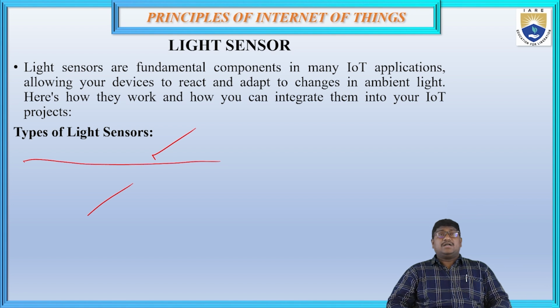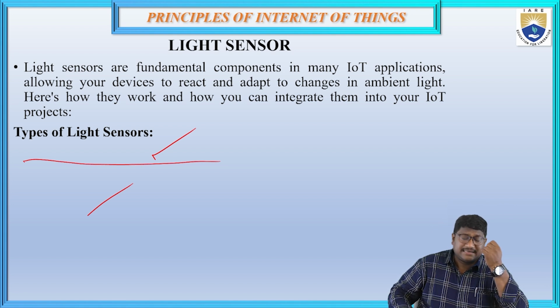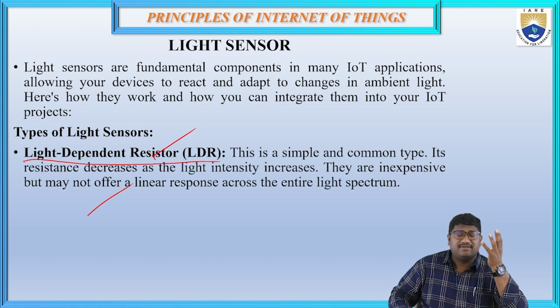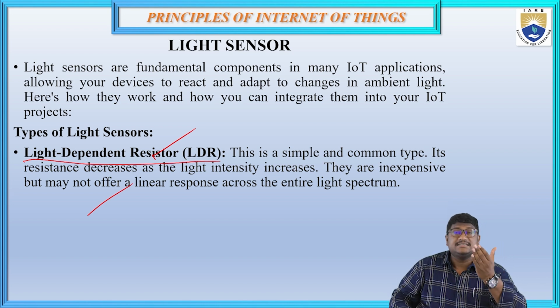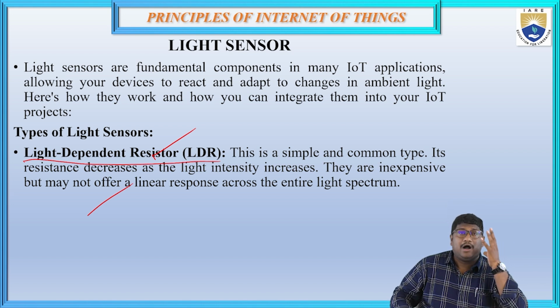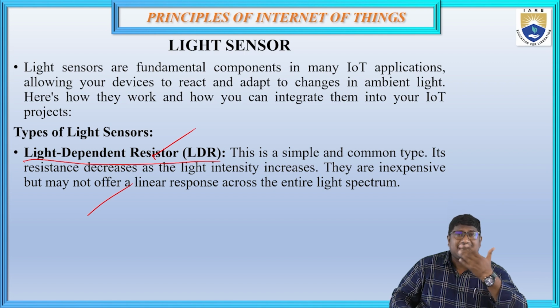We will see the different types of light sensors. First one is LDR, which stands for light dependent resistor, a simple and common type. Its resistance decreases as the light intensity increases. These are inexpensive but may not offer a linear response across the entire light spectrum.